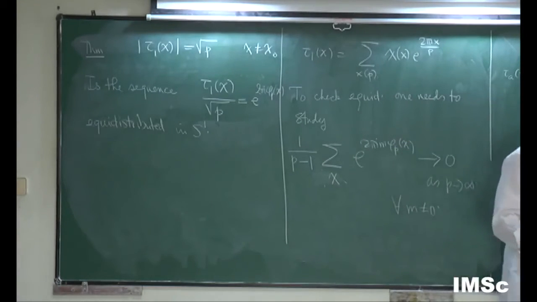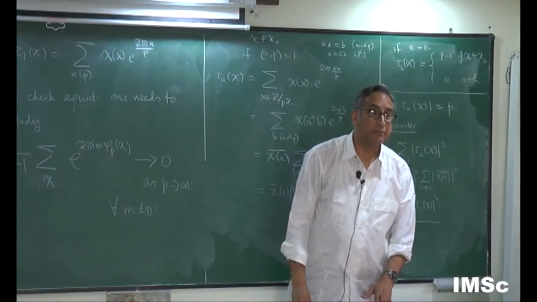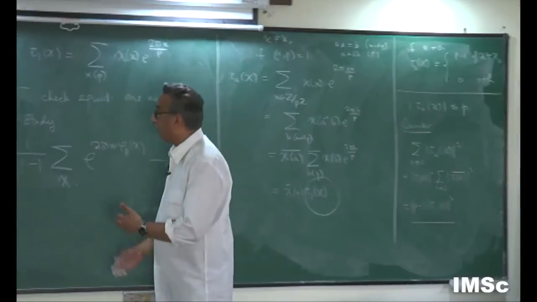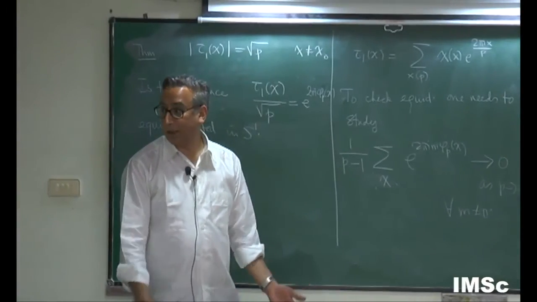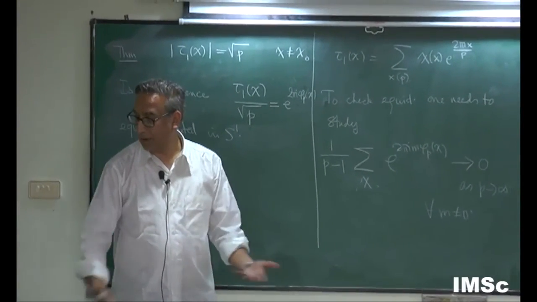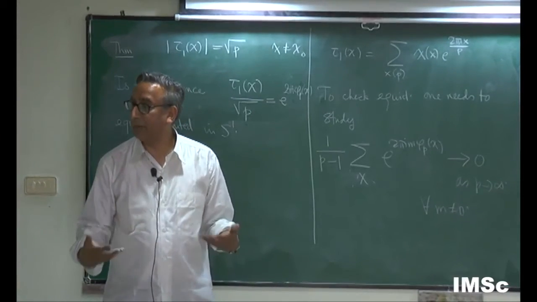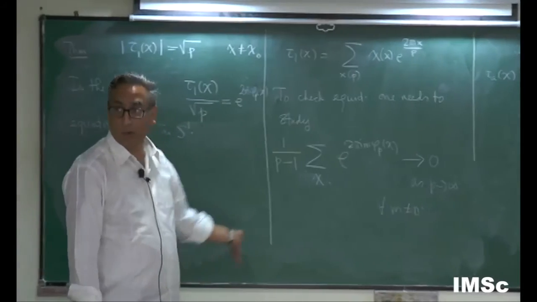So why not leave it to you to mull over this question? It's not easy. Mull over this question. Tomorrow I'll tell you how it's done. I can't answer the question now because you need some sophisticated machinery. But anyway, it's not a bad idea to think about this stuff and discuss it in that context tomorrow.